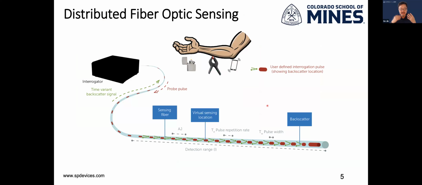So to do that, we have to rely on a more recent development of the technology, which is distributed fiber optic sensing. For people who don't quite know distributed fiber optic sensing, here are two slides of a very short introduction. Basically, we're using fiber, which is the same fiber you use for your internet, right?